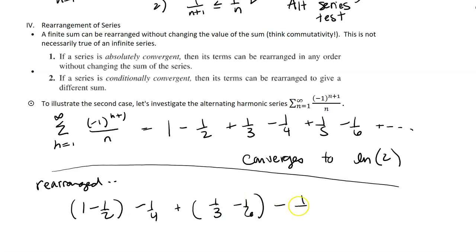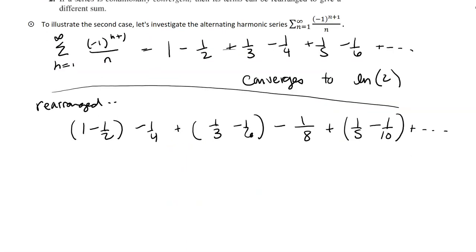And then I'll jump over to the minus 1/8 that we're eventually going to get. And then I'll pick up the plus 1/5 minus 1/10 and kind of go in this pattern. Eventually, you can see the next term would be minus 1/12, and then you would start picking up the 1/7 minus, whatever comes next. But the idea is that all of the terms are there. They're just in a different grouping, a different order.